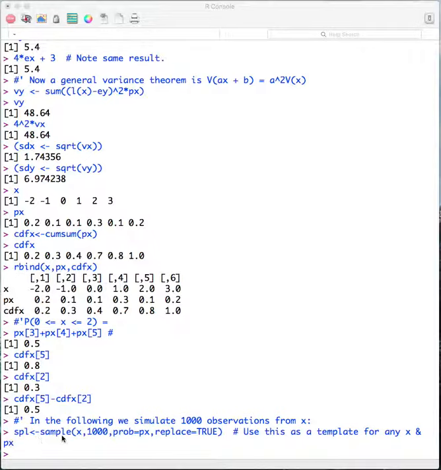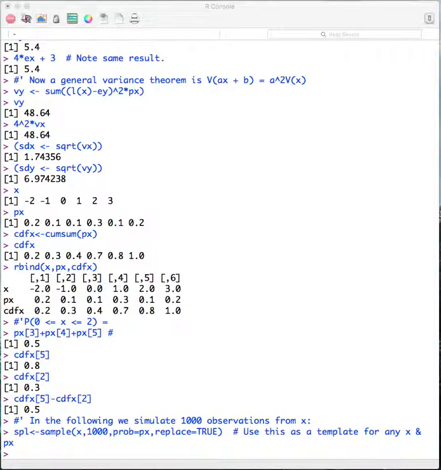We have the word sample. What this says is sample 1,000 times from the random variable values X and probabilities. The word prob is very important. PX, and replace equals TRUE actually lets it basically do the same random observation 1,000 times.